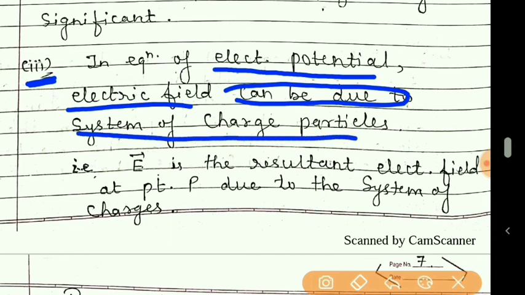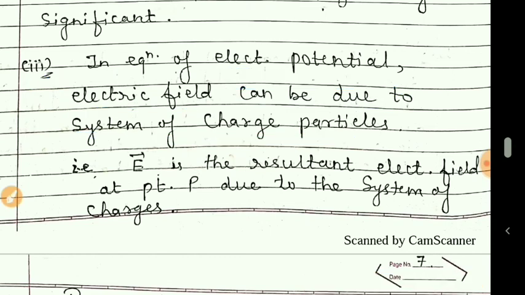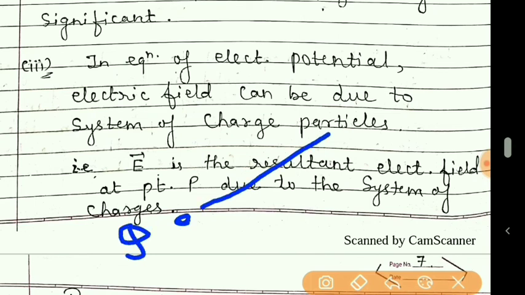Here, in the above derivation of the electric potential, we simply considered a charge capital Q, and we selected a point P, and we obtained the potential at this point, and we considered the electric field only due to this charge Q.